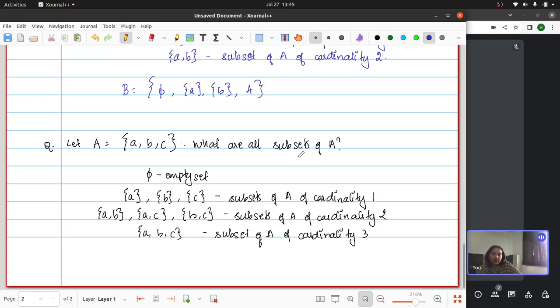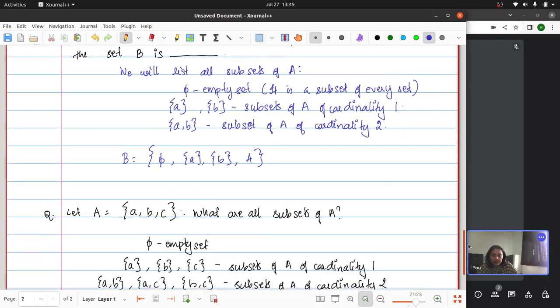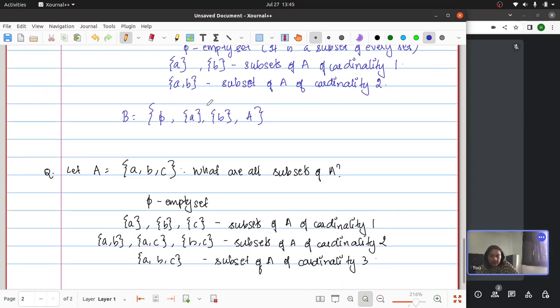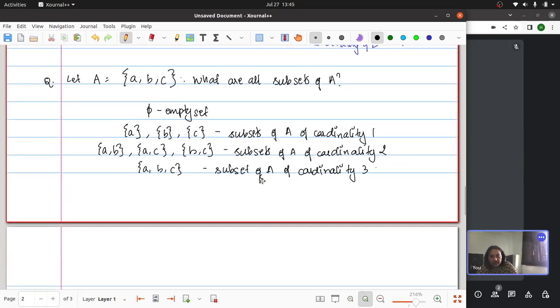So here our set A had cardinality 2 and our set B, the set of all subsets, had cardinality 4. Let's look at it here.